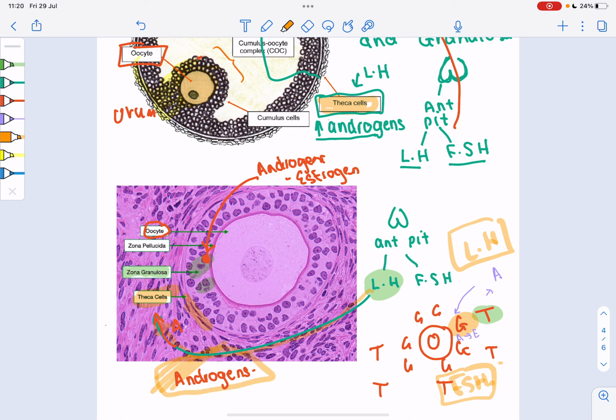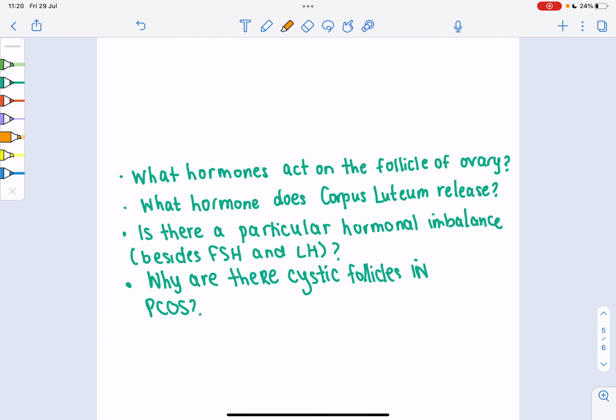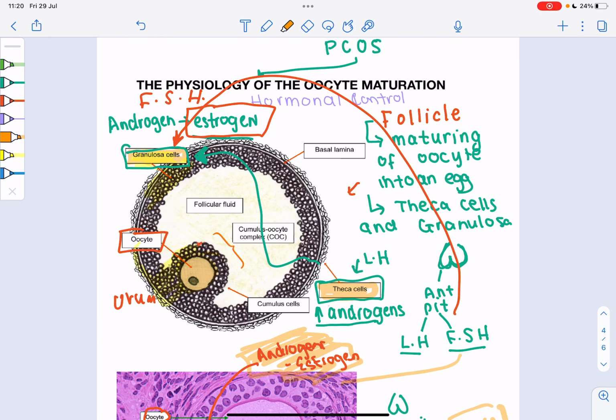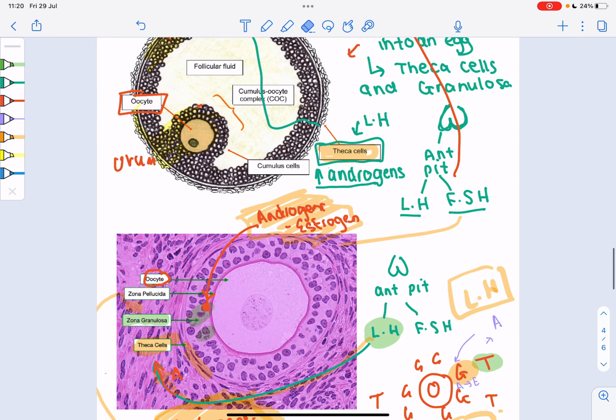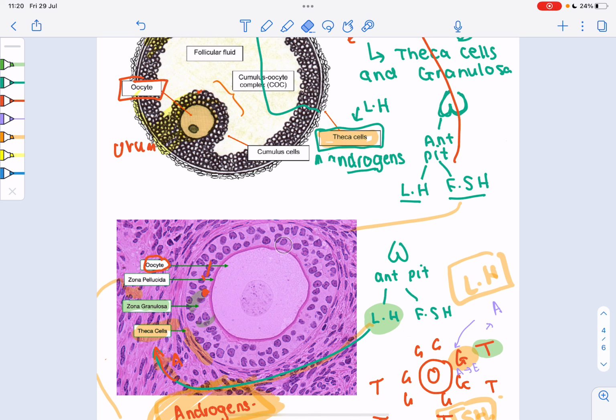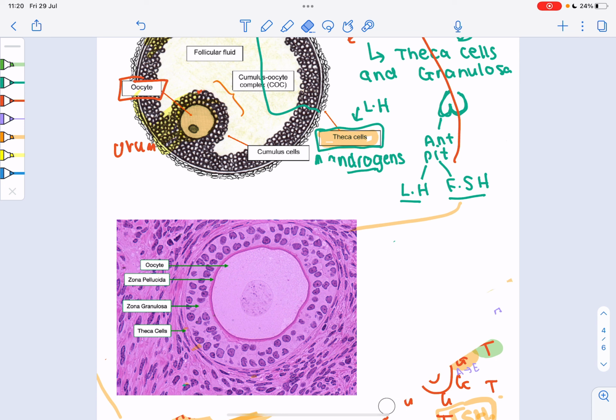These androgens must be converted into estrogen somewhere, so they go over to the granulosa, which easily converts them into estrogen, but remember it's under the action of the second hormone, FSH. That estrogen will then cause the oocyte to mature. And as the oocyte matures, it can become a mature ovum. So the oocyte matures because of the estrogen.